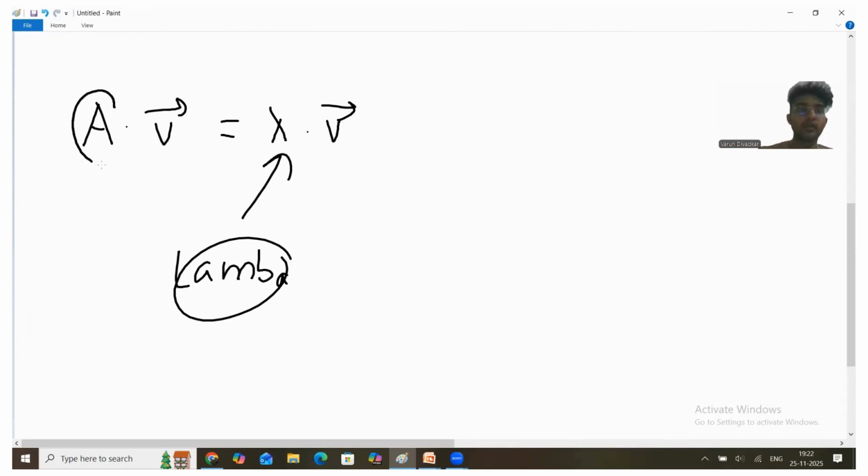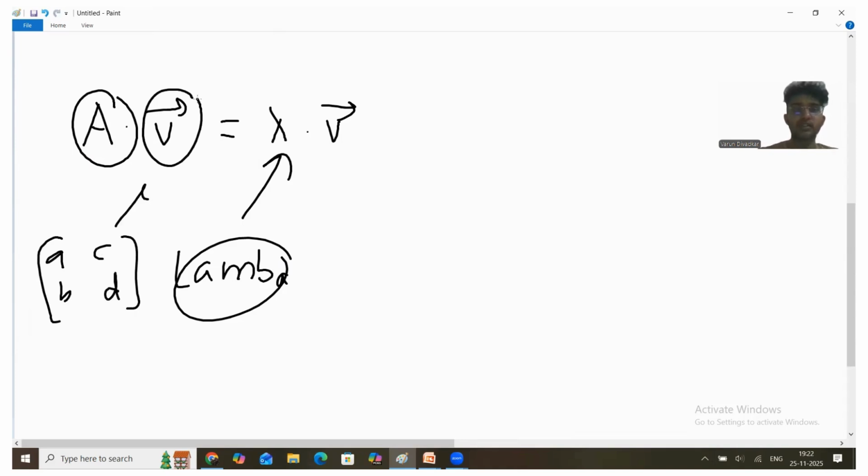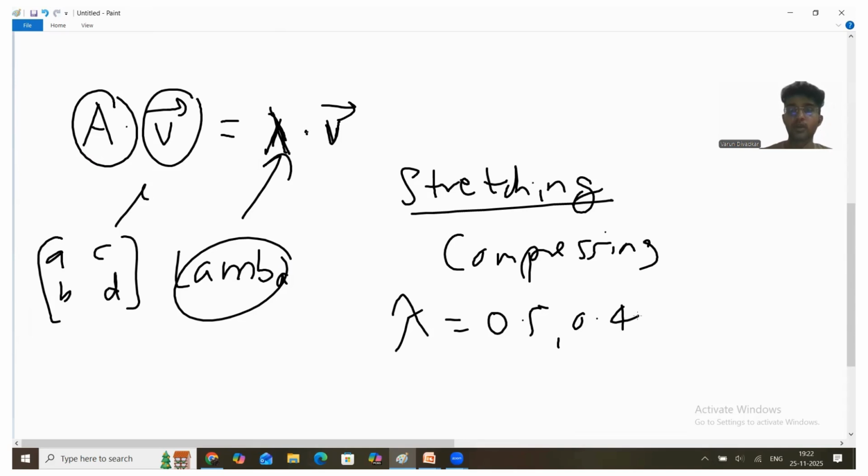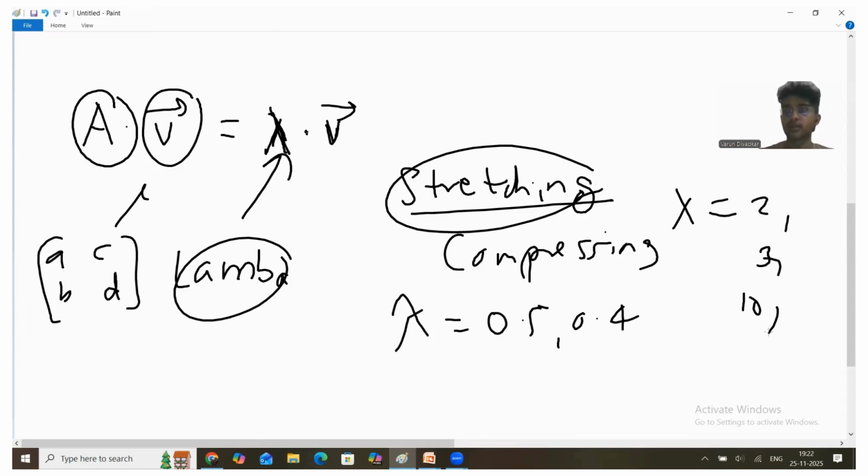So a particular matrix transformation, say A, B, C, D, after being applied to a vector, results only in multiplying the vector by a constant, which is basically stretching or maybe compressing the length of the vector. If it's compressing, then this lambda is going to be a decimal number, say 0.5 or 0.4. If it's stretching, then this lambda is going to be a number greater than 1, like 2, 3, 10, 50, whatever.